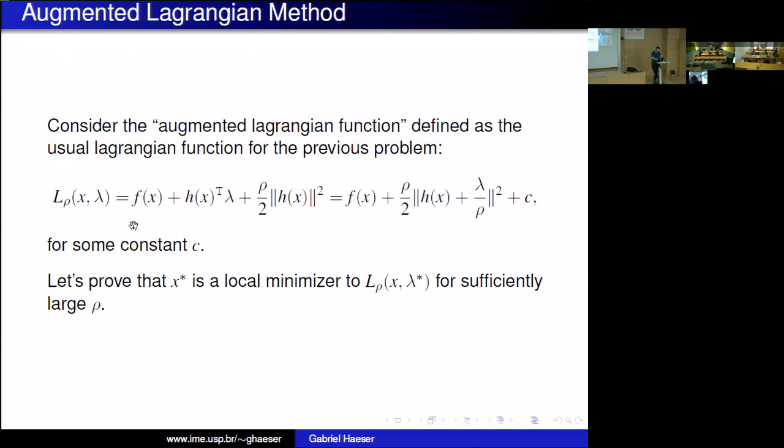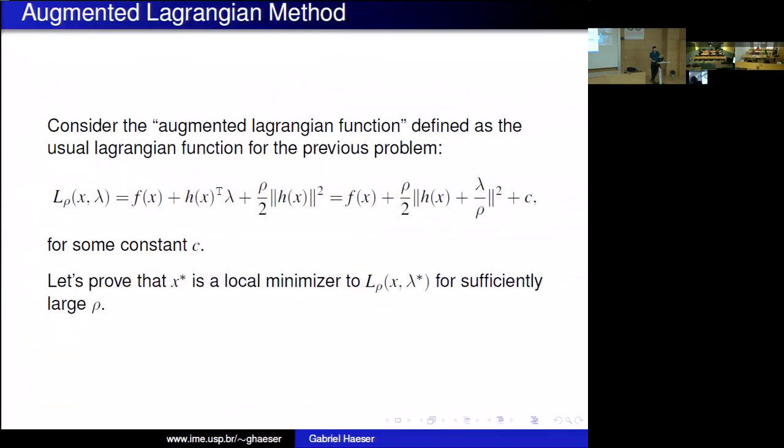Okay, this is a classical way to define the Augmented Lagrangian. And for our purposes, sometimes it's easier to look at this function in this way. It's the same thing. If you open these squares here, you get exactly a term like this, plus some constant terms, and it's the same.